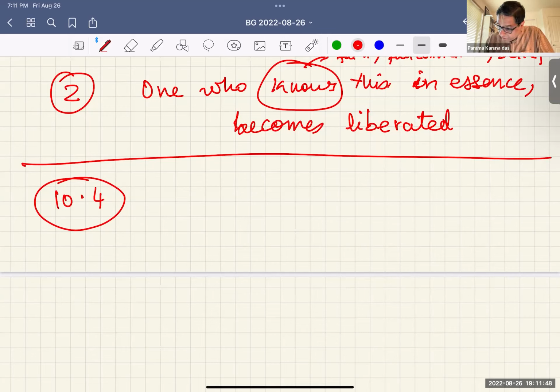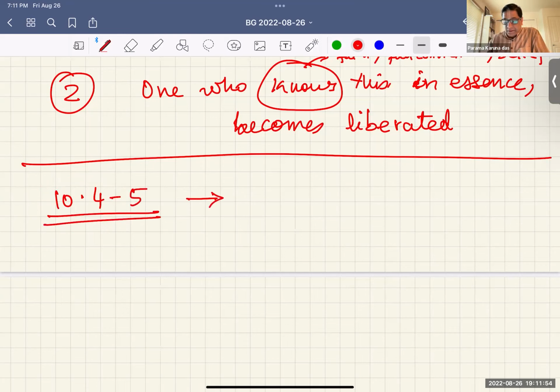Okay, 10.4 and 5 are together. So the question that one can ask is that, okay, I cannot know you. Lord Krishna is saying, you cannot know me. Even the demigods, the sages, maharishis, devotees, they cannot know me. And I am unborn. But by a very detailed study, using all the powers that you have given me, can I not know you?